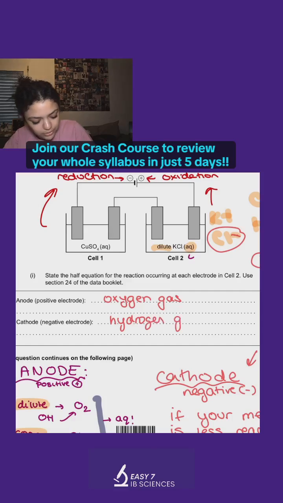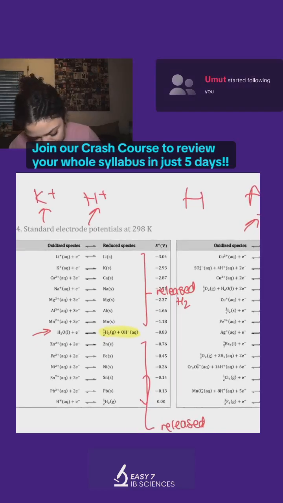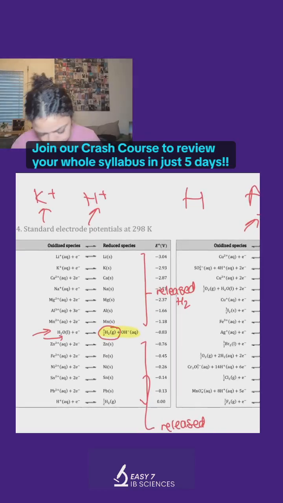Now, of course, you can't just write hydrogen gas because here it says state the half equations, but it's pretty simple. You go in your data book and you find the half equations. What is the half equation for hydrogen gas? Here's your half equation for hydrogen gas. Why? Because I know I'm releasing hydrogen.